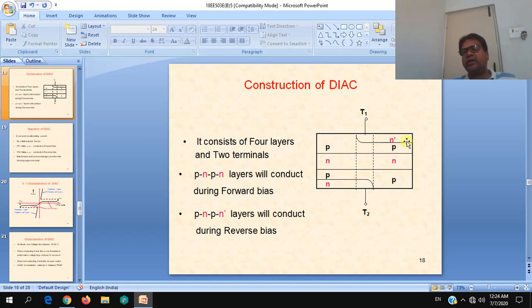Similarly, in the reverse direction, when T2 is made more positive with respect to T1, the current flows from the outer P layer instead of the smaller lightly doped N layer. Apart from these outer N layers, it is just like a PNP transistor, and all these 3 layers are evenly and equally doped.